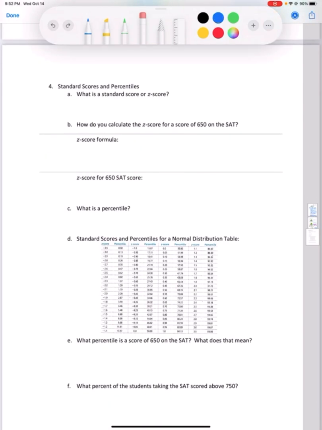So we're going to see the standard score here. What is the standard score?